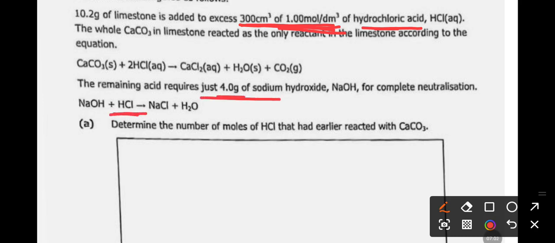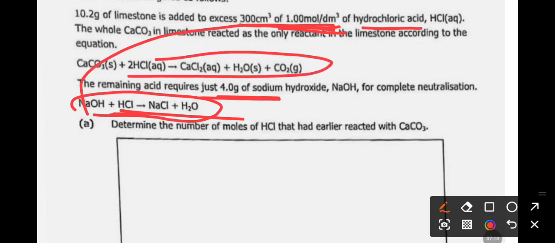It will be easier for us to have the number of moles of hydrochloric acid with this information. Then we just subtract it from the total in order to have the number of moles that were present in this reaction as provided for by the question.